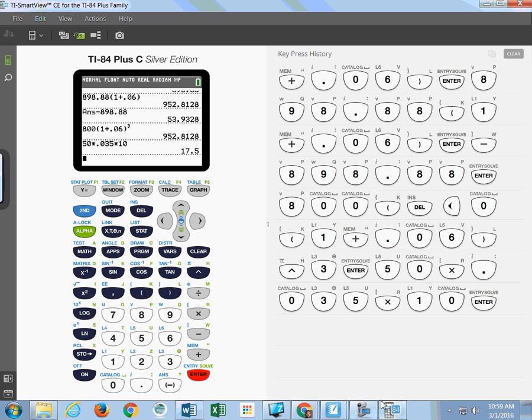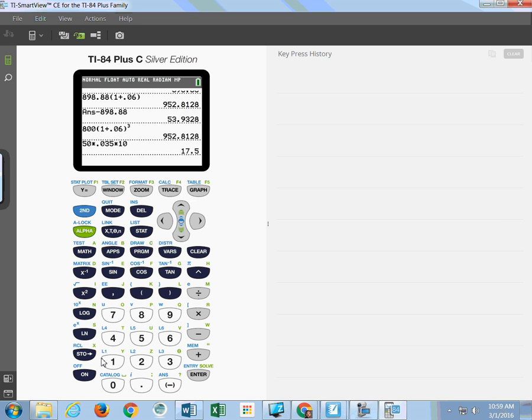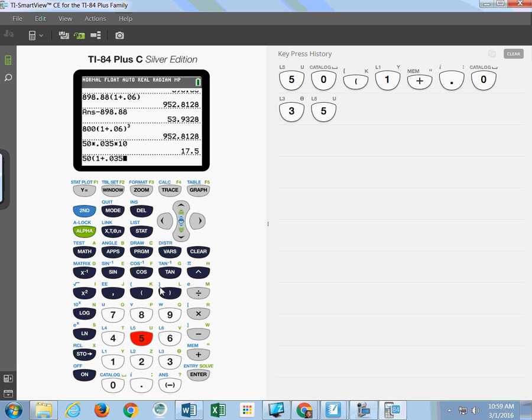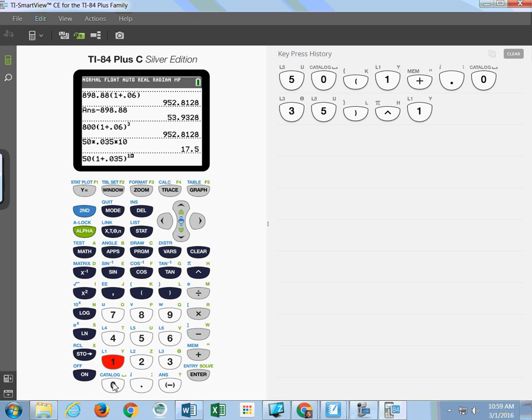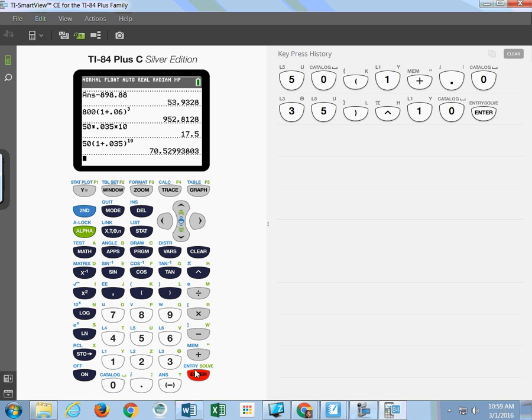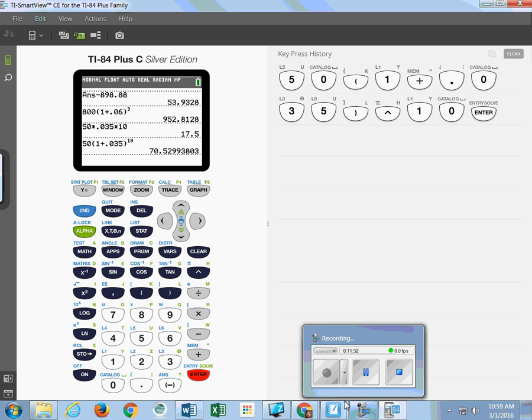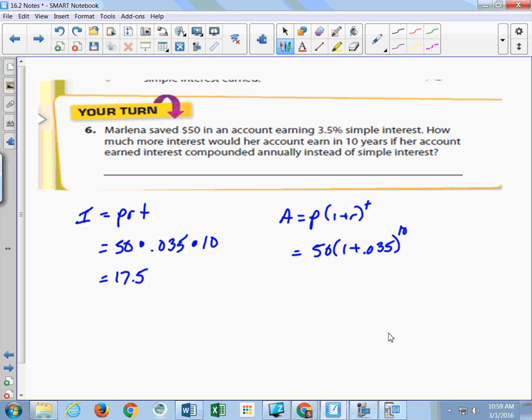So that's 50, 1 plus 0.035, close parenthesis, rooftop 10. Enter. And so after 10 years, they'd have $70.53. 70.53 is the answer here.